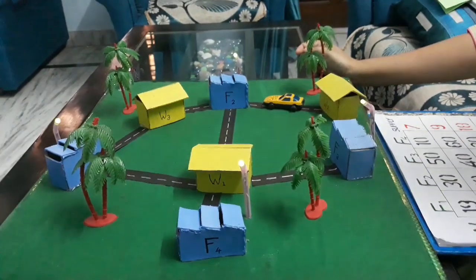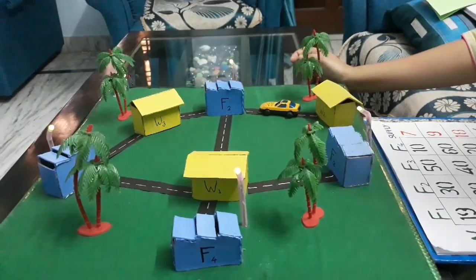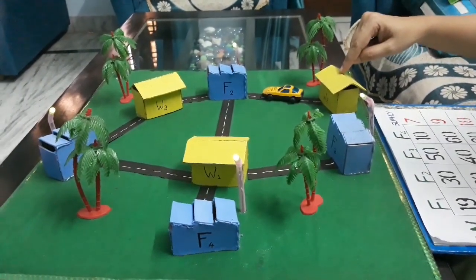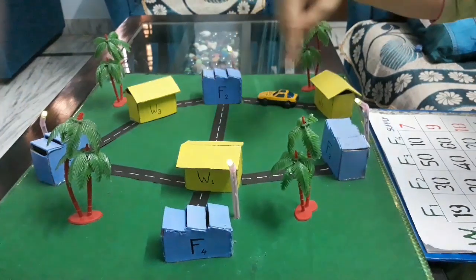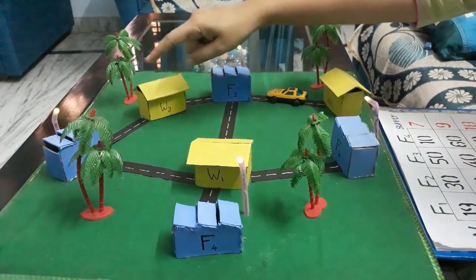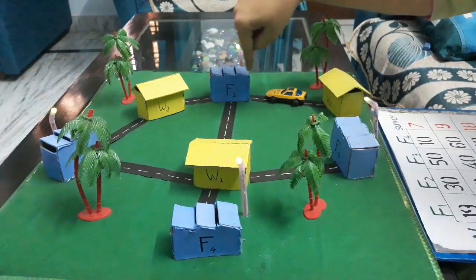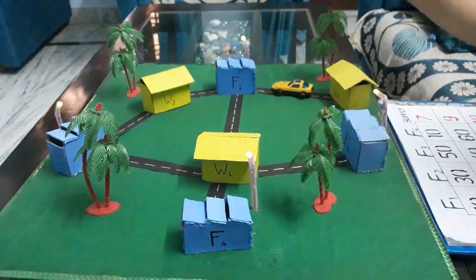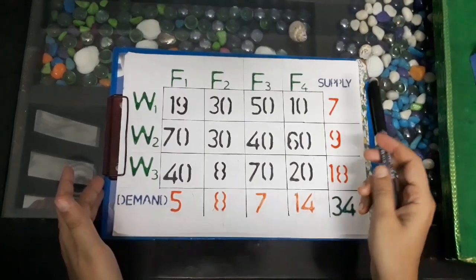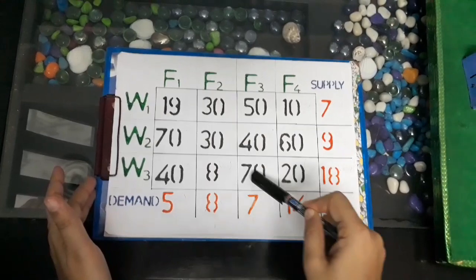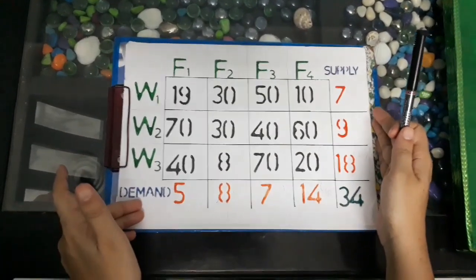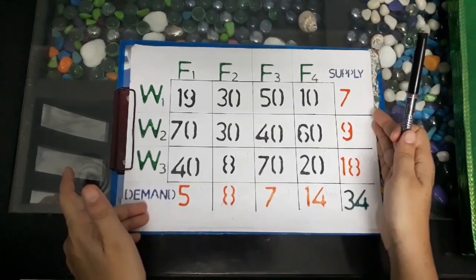Similarly, we will calculate the cost of transportation of 1 unit of material from warehouse W2 to factory F1, F2, F3 and F4 and from warehouse W3 to factory F1, F2, F3 and F4. The costs that we obtain are written in the form of 3 by 4 matrix. Now we will solve this transportation problem by least cost method.